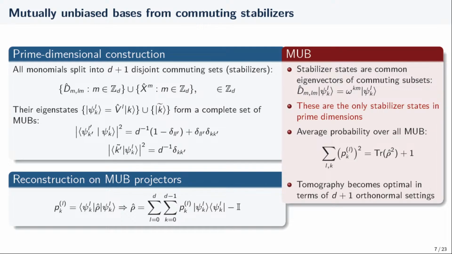The bases, the states corresponding to each commuting set, possess a very important property. In what sense?